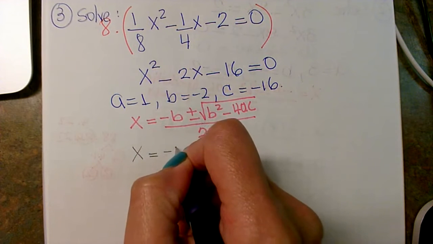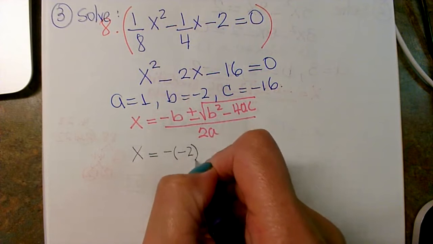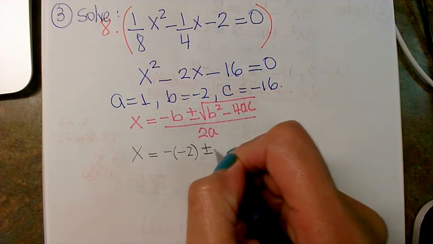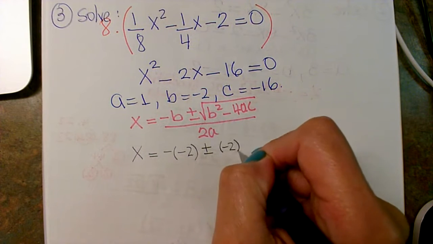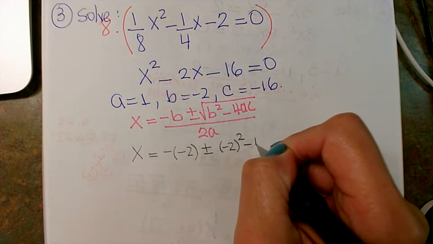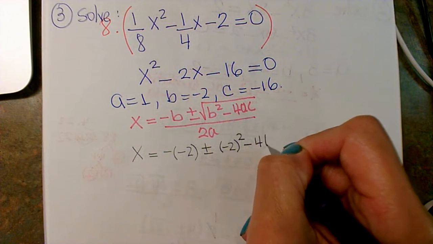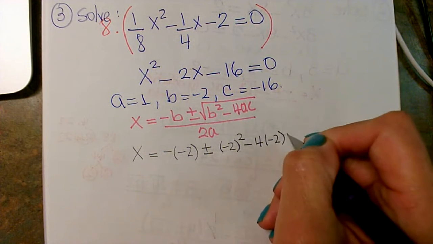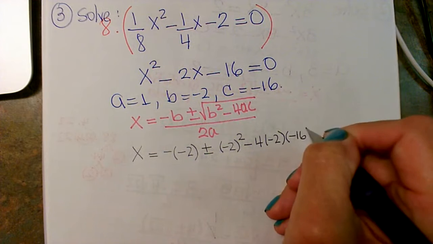So again, it's negative, and the b is negative 2. Plus and minus, squared minus 4a times c.